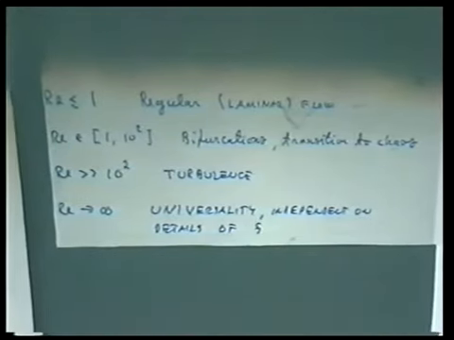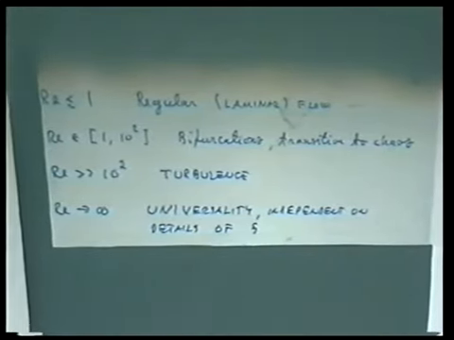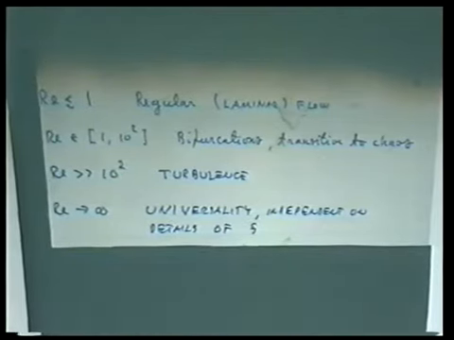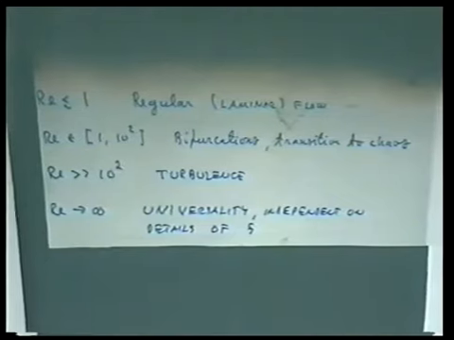When you start increasing the Reynolds number, by changing either L or nu or delta U or all of them in definite fashion, you get bifurcations, and finally the flow becomes increasingly complicated and, in some sense, chaotic. And once the Reynolds number is very large, bigger than 10 to 2, you get a very peculiar chaotic behavior which has the name turbulence.